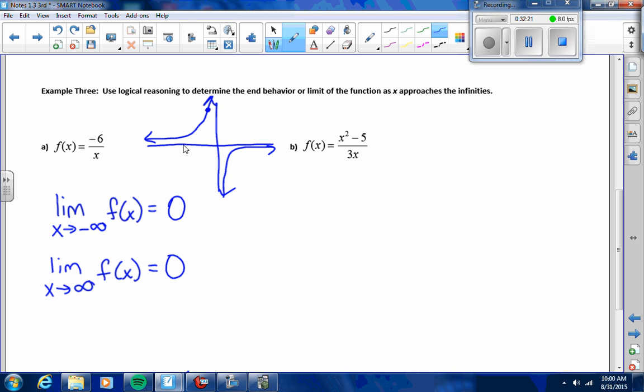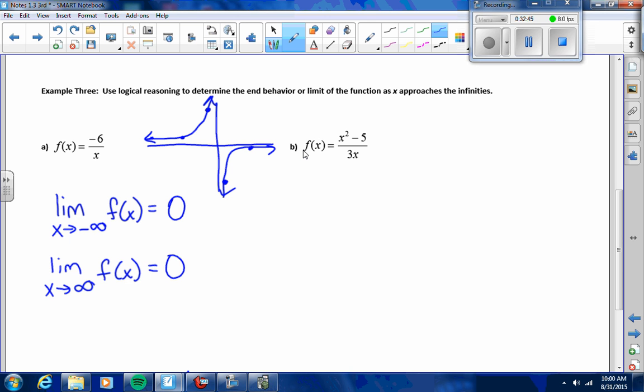When x is -10, the function's down here at 0.06. At -100, it was down there at 0.006, and so on. And when x equals a positive 1, we plug it in, we were down at -6. When x was 10, we're at -0.6, and so on.